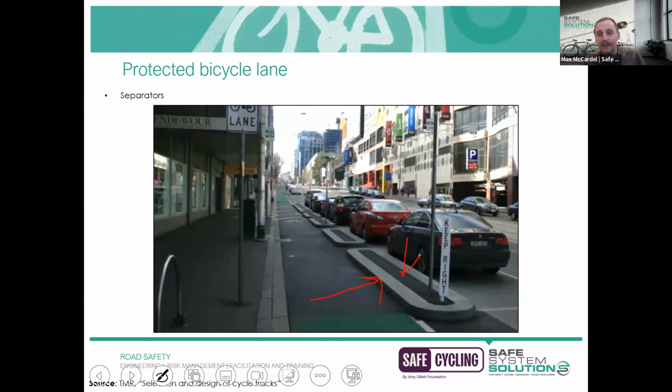So I did want to just have a discussion around what are other separating treatments to make sure that, if you are, as we all do, have budget constraints, what else can we do to ensure we're getting bang for our buck? But before I get into that, I will just have a quick conversation around those curb profiles.